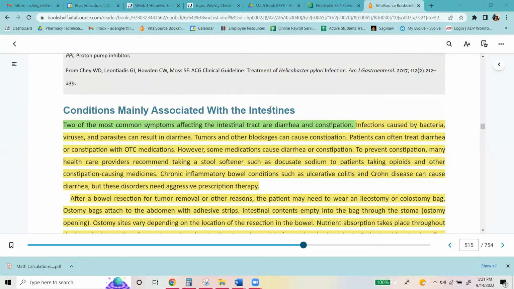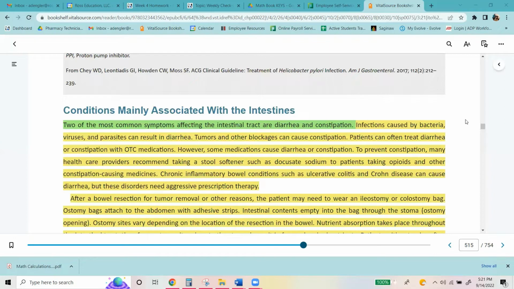Two of the most common symptoms affecting the intestinal tract are diarrhea and constipation. Infections caused by bacteria, viruses, and parasites can result in diarrhea. Tumors and other blockages can cause constipation. Patients can often treat diarrhea or constipation with OTC medications. However, some medications cause diarrhea or constipation.